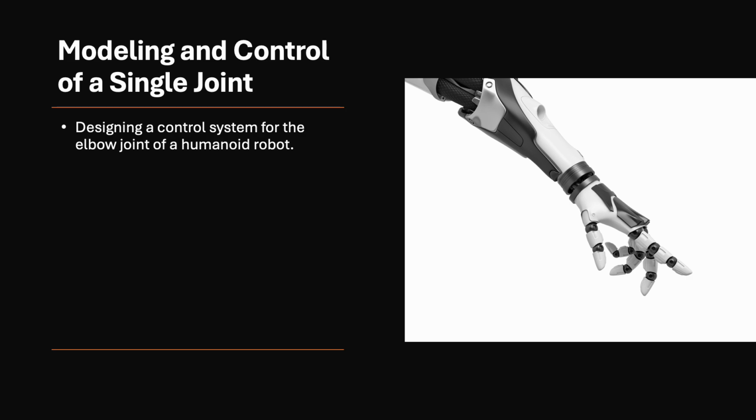Additionally, a control system should be designed with flexibility in mind, permitting easy tuning and adaptation to different tasks and environments. By carefully designing and implementing the control system, the elbow joint of a humanoid robot can achieve precise and reliable performance, enhancing the robot's overall capabilities in various applications.